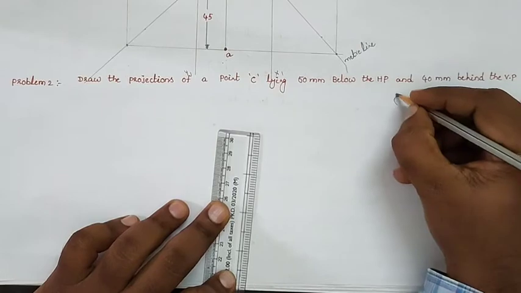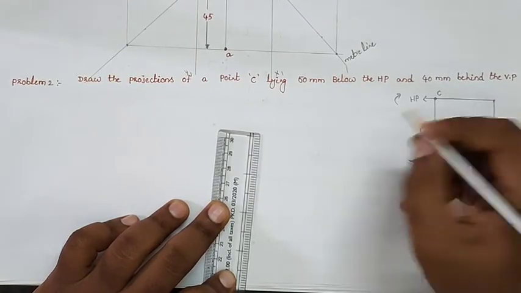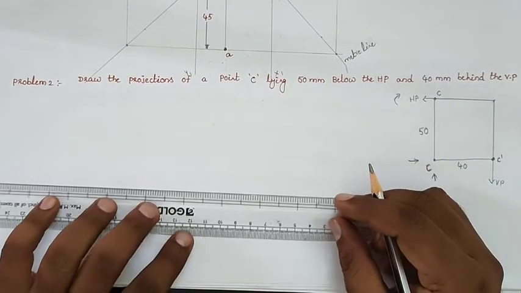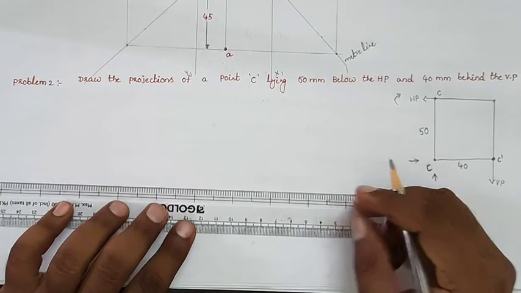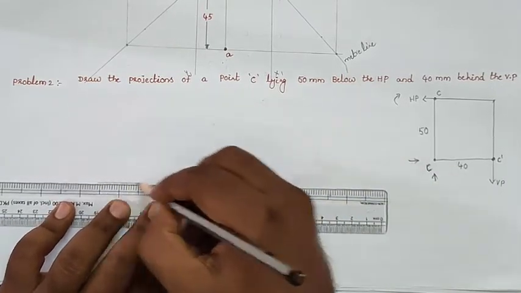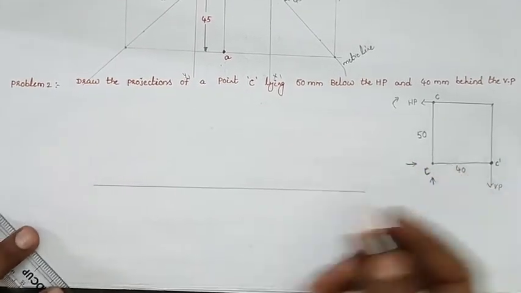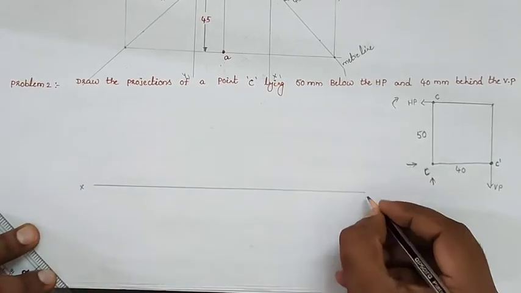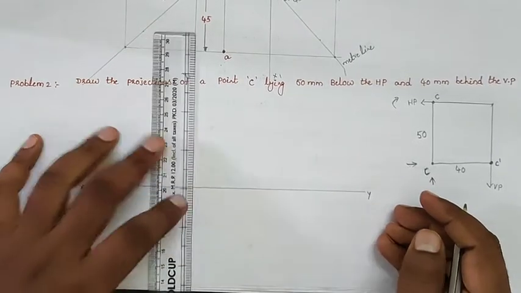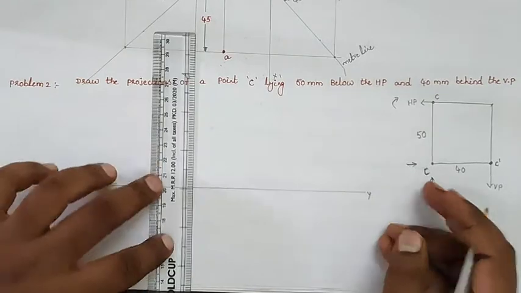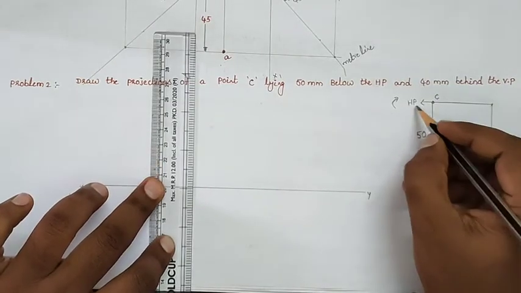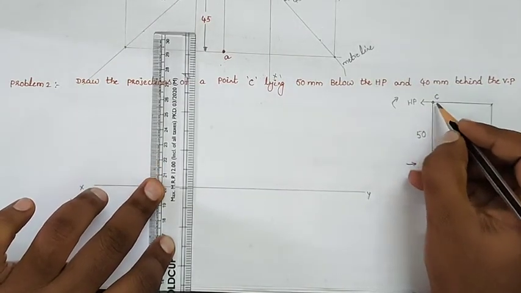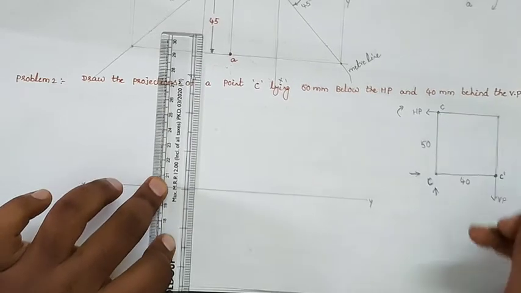Whenever you rotate the horizontal plane 90 degrees clockwise, we'll get the actual diagram, so we'll draw the actual diagram. Draw the reference line xy. Above the reference line in the third quadrant, whenever you rotate the horizontal plane 90 degrees clockwise, we will get the top view above the reference line and the front view below the reference line.